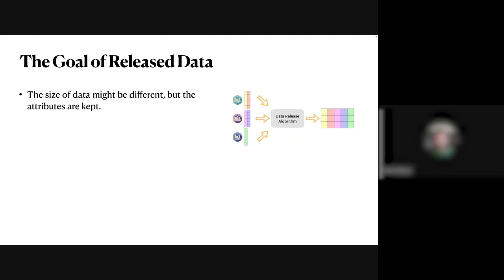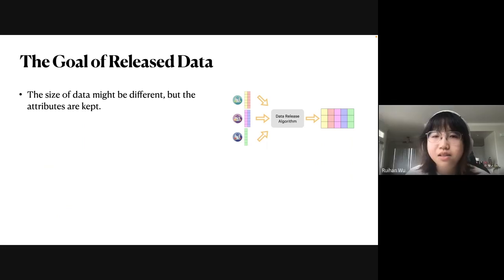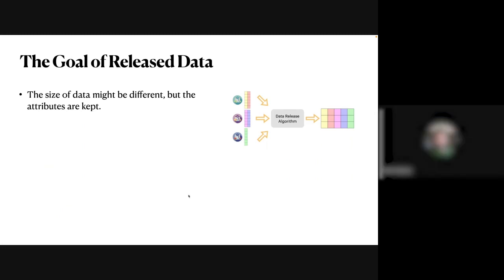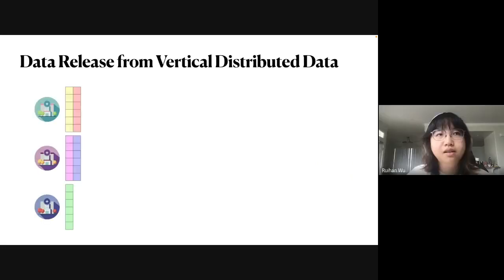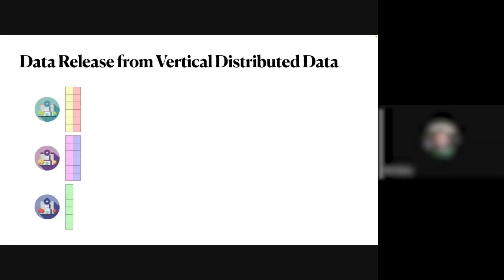Sorry, I have a quick question. Are you assuming that all these data sets have the same number of users, or is that not a necessary assumption? Yes, we assume that they have the same number of data because those data are assumed to be aligned. So you're assuming that they've already done some intersection and figured out the common users across them?